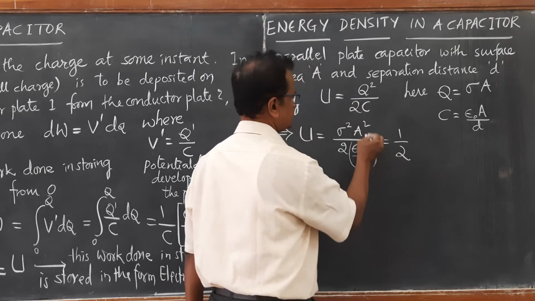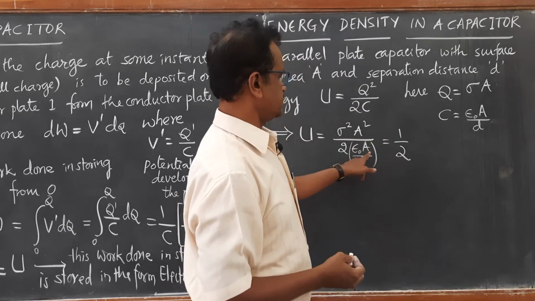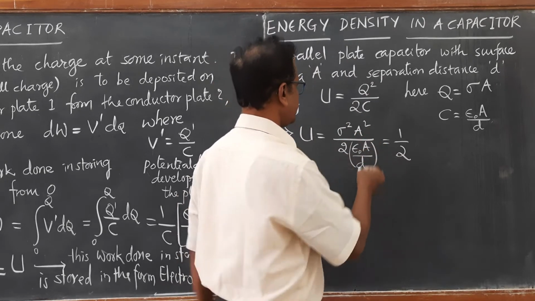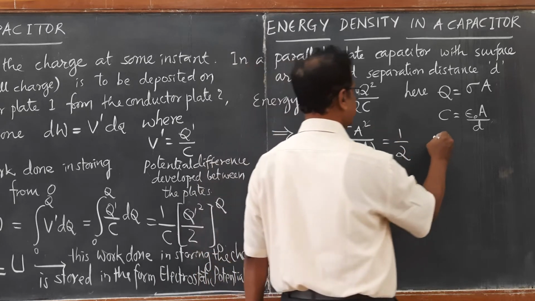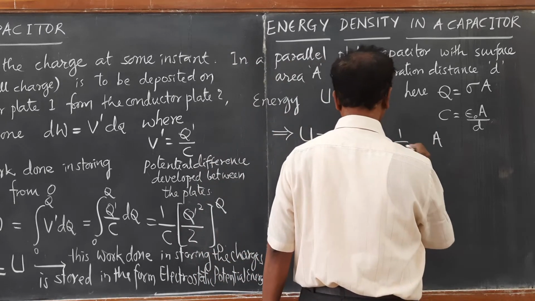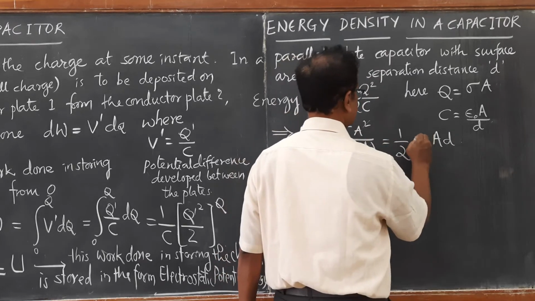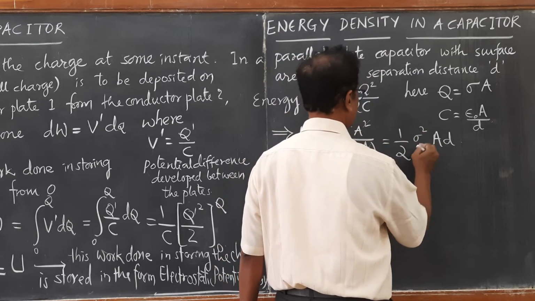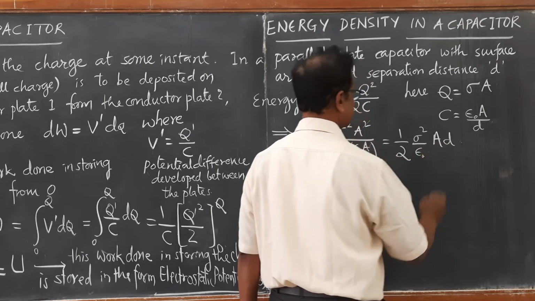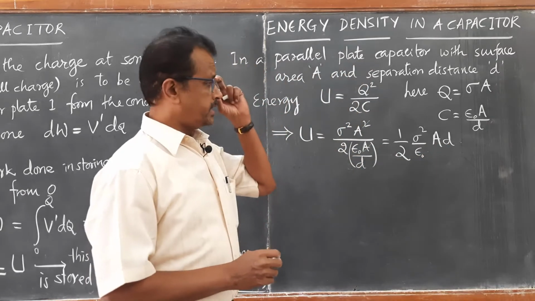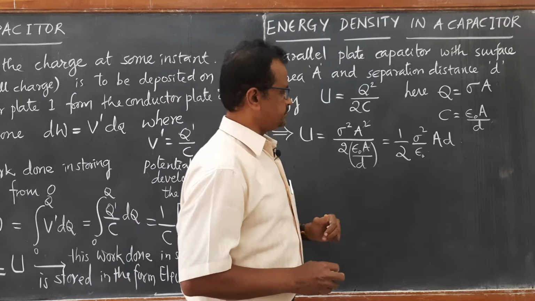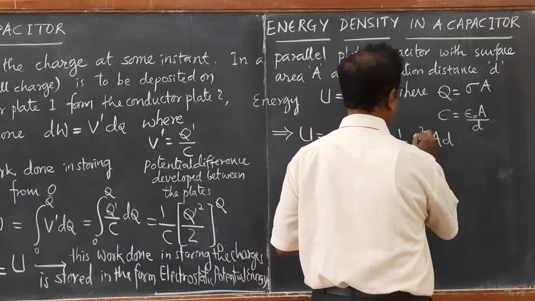You can see here one A cancels with this A. So, you are left with A into D, and here sigma square upon epsilon naught. Now, we will modify this equation.